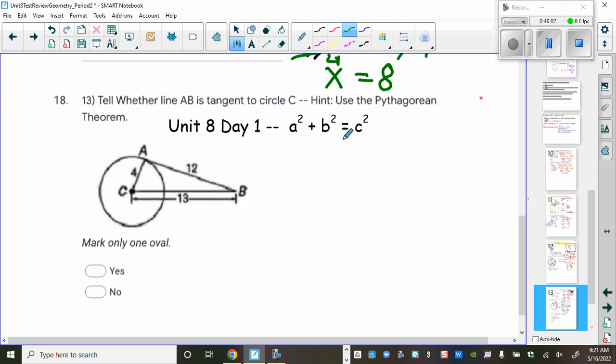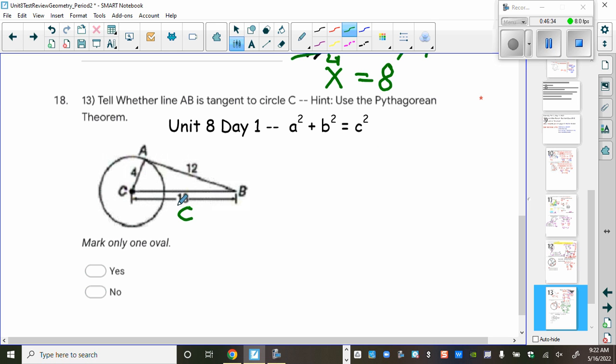Which side is always going to be, C is always going to represent which side? Shortest, medium, or longest? Longest. Look at your numbers. You got to be careful. It's going to be 13.